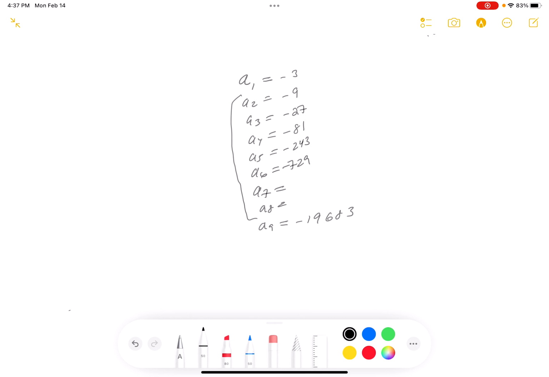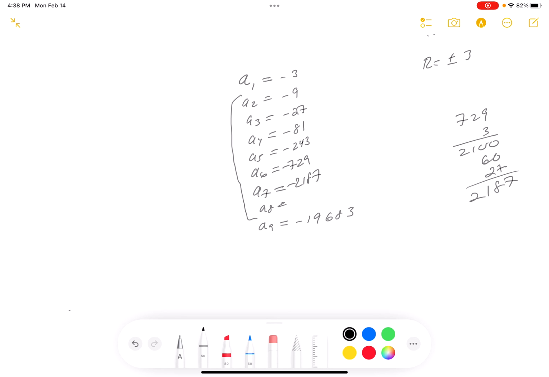So I found r to be plus or minus 3. And I'm multiplying by 3 now, and I did 729 times 3. I think I did make a mistake. You know, 3 times 7 is 21, 3 times 20 is 60, and 3 times 9 is 27. You get 2187.